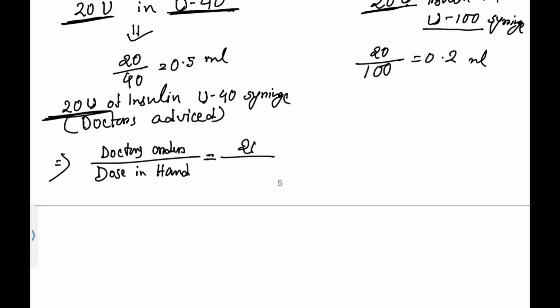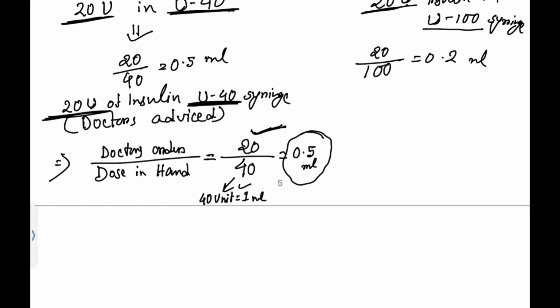So the doctor's order is 20 units and the dose in hand, the insulin syringe you are using, is 40 units, which consists of 1 ml. So how much ml of insulin will you give to that particular patient? Just divide dose advised by dose in hand. That means the doctor has advised 20 units and the dose in hand is a 40 unit syringe. So this comes to 0.5 ml. So if you take a 40 unit insulin syringe, you are getting 0.5 ml of insulin.